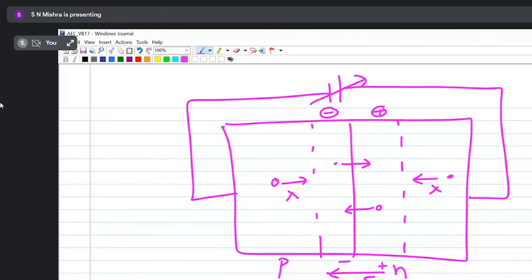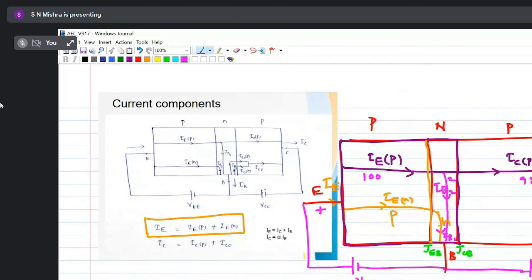So that's why the electrons, or minority carriers, can easily flow from one side to the other side. What we have discussed in PN junction diode, do you remember that? In reverse bias, minority current can flow, but majority current cannot flow. So that same concept is applied here. If you take this PN junction, what are the minority carriers in collector?